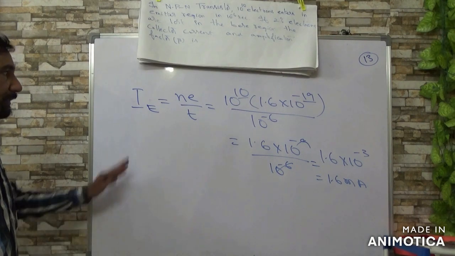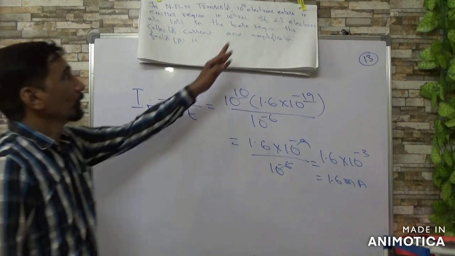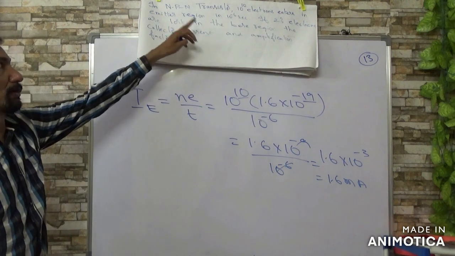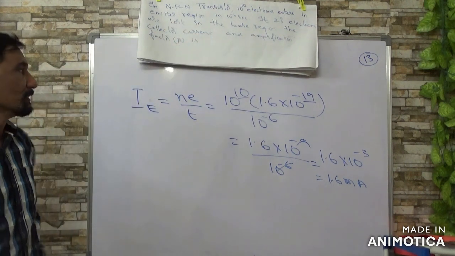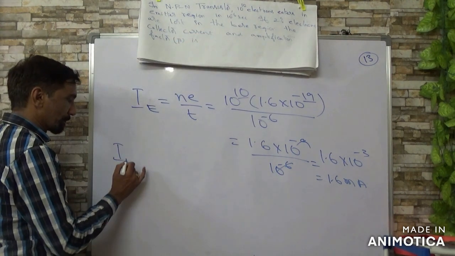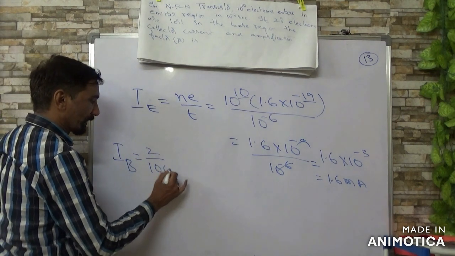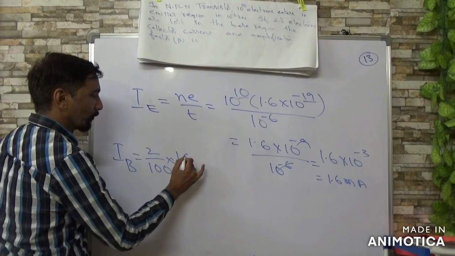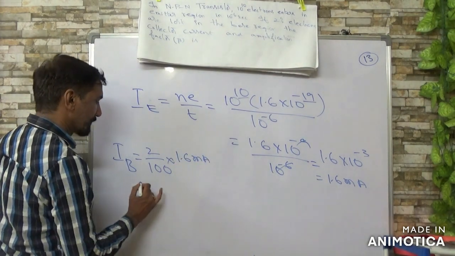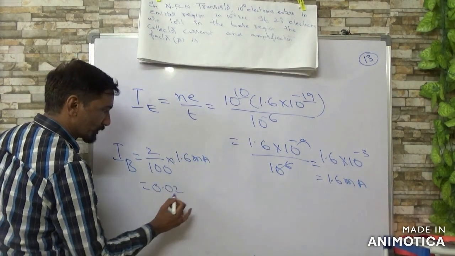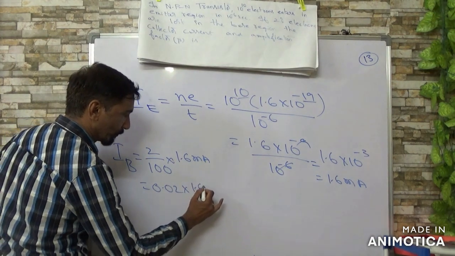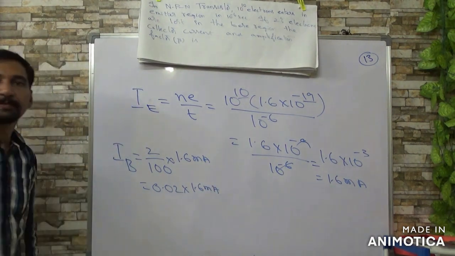Now 2% of electrons are lost in the base, they are saying. So current in the base region is 2%, means 2 by 100 of that 1.6 milliamp. Nothing but you can say 0.02 na into 1.6 milliamp.